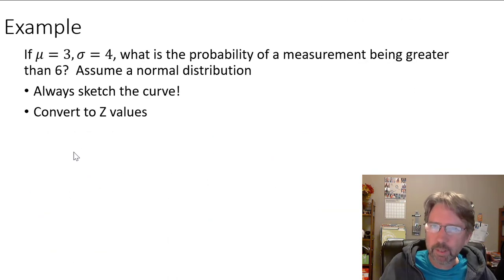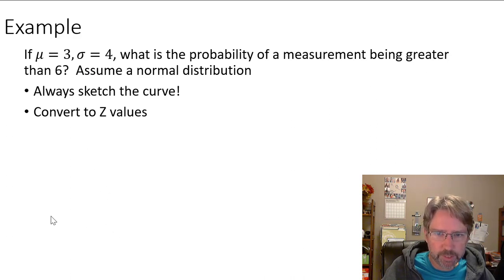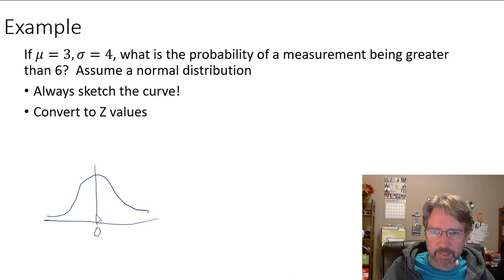Okay, so now let's look at the same parameters with the mean of 3 and the standard deviation of 4, and now we're looking at the probability of a measurement being greater than 6. So again, we always want to sketch the curve. The mean is going to be here. I'm going to do this in z, but this would be at x of 3, but in z it's always 0. And for a measurement greater than 6, that's bigger than the mean, so it's going to be on this side.